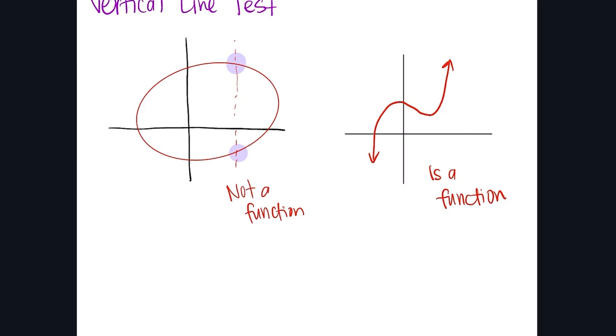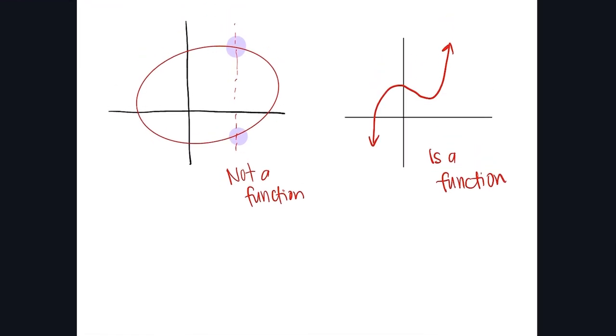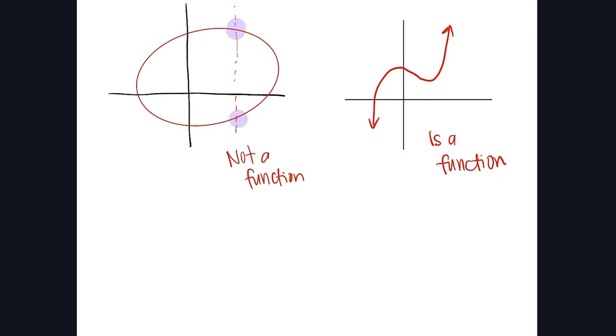Okay, so the last thing from 2.2 is, if I give you an equation without a graph, we're going to decide, is it a function? So remember, the definition of a function says that each x has exactly one y.